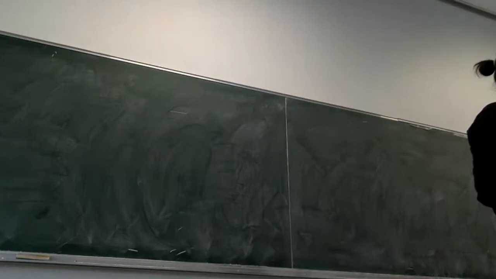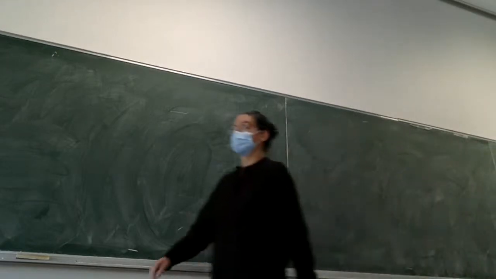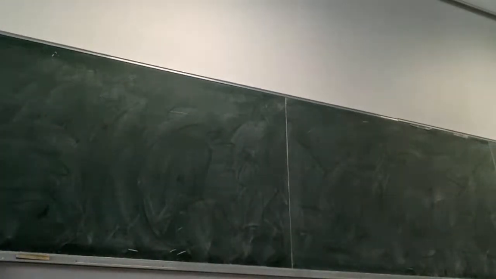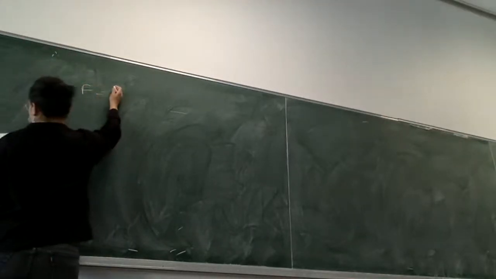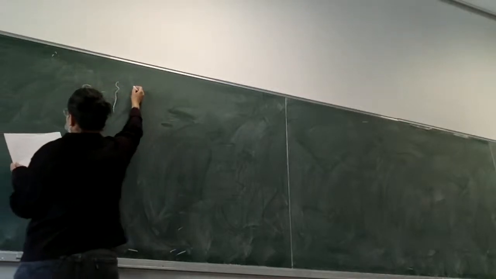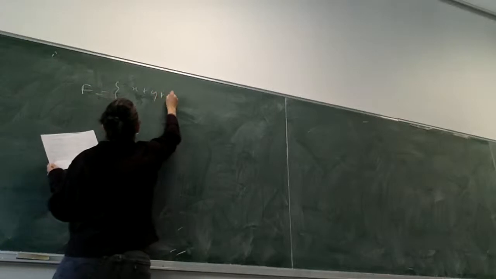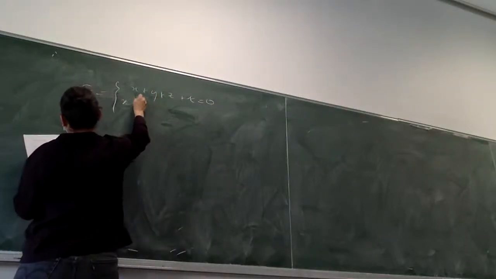So we have a linear space in R4 defined by items x, y, z, t such that the two equations equal 0.